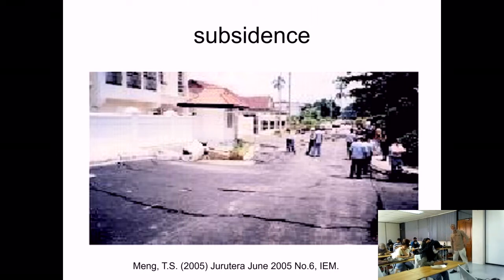So this is the situation when the soil gives way. The actual reason in this case is that there was a water movement below the soil. This site is beside a lake. Over on the left here is a lake.